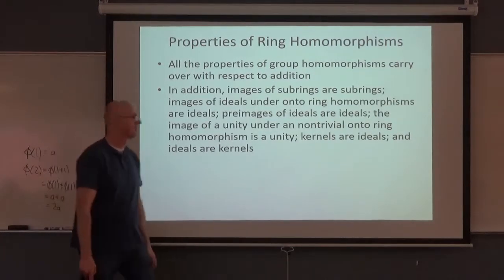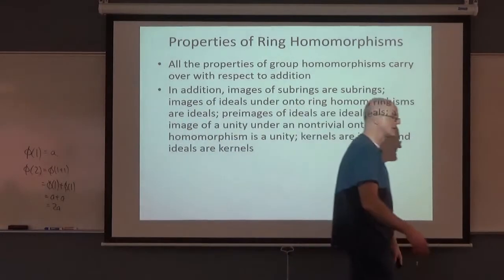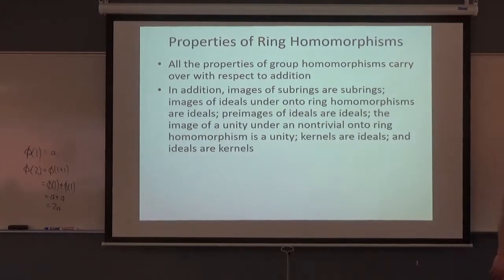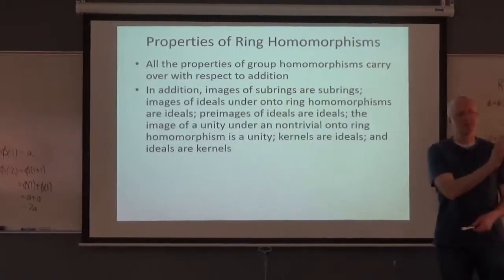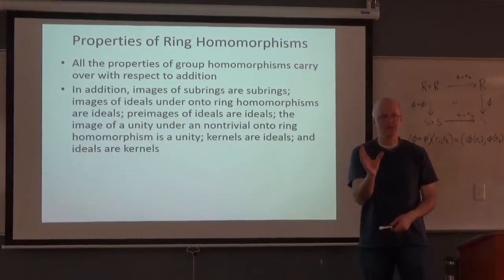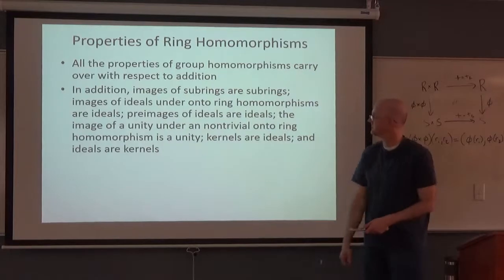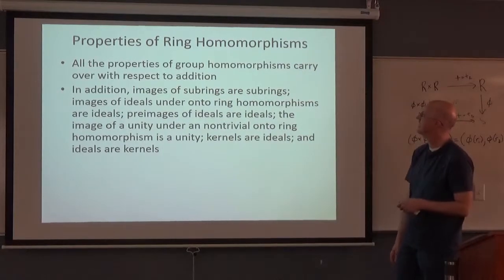In addition, images of subrings are subrings. You know what I mean by image? Set of all outputs. A subring under the homomorphism is going to be a subring of the codomain.